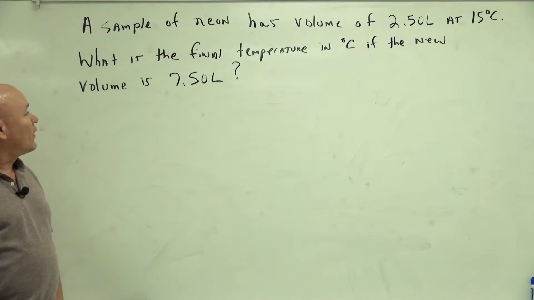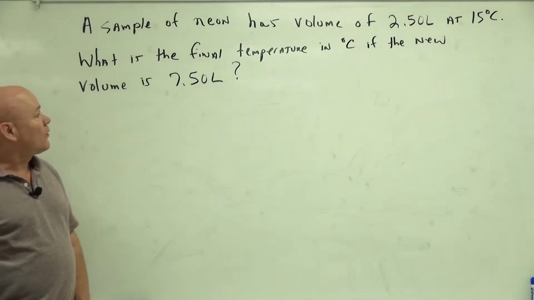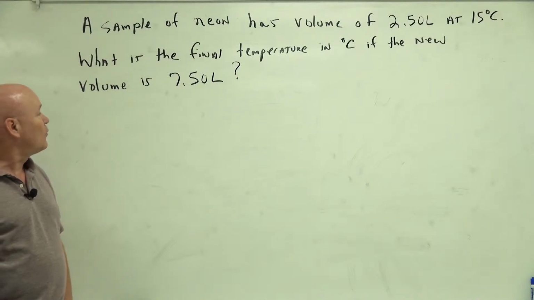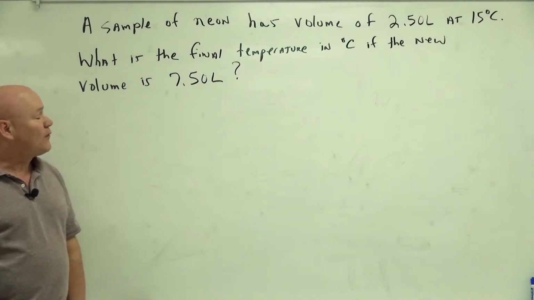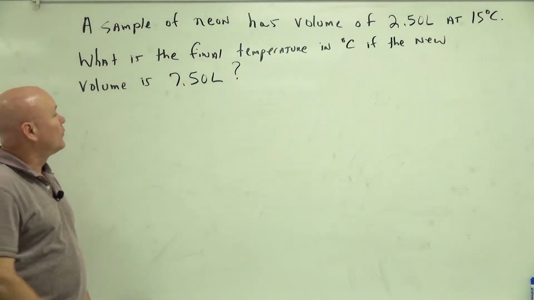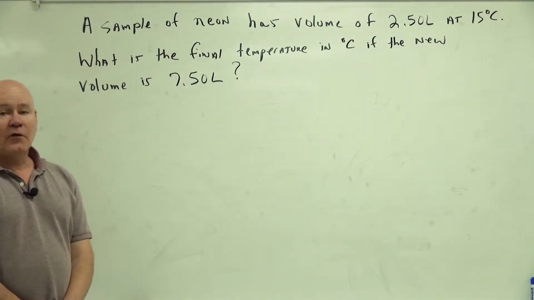A sample of neon has a volume of 2.50 liters at 15 degrees Celsius. What is the final temperature in degrees Celsius if the new volume is 7.50 liters? Now, we are going to be using the combined gas law to get the appropriate equation.